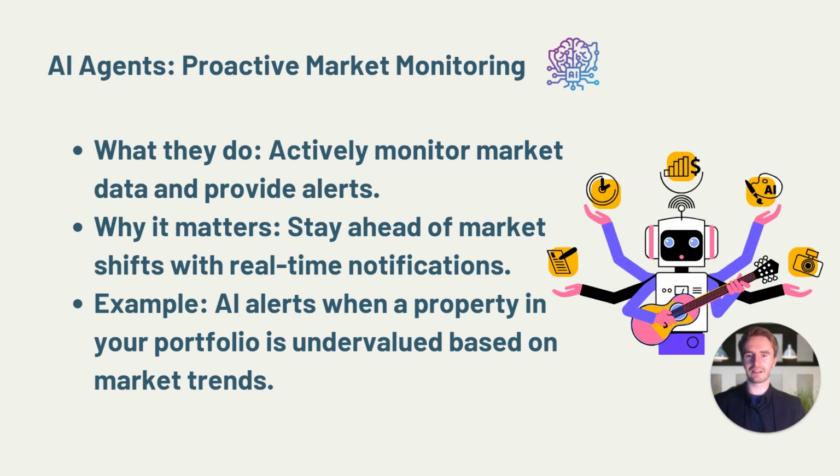But things like this may be staying ahead of market shifts with real-time notifications, for instance. If you have systems that allow you to monitor market data and so on, connecting an AI agent up to this has a lot of potential for tracking and using that data to showcase to you when it reaches certain thresholds, or to give you alerts based on the thresholds you decide, and then it will let you know based on those alerts.